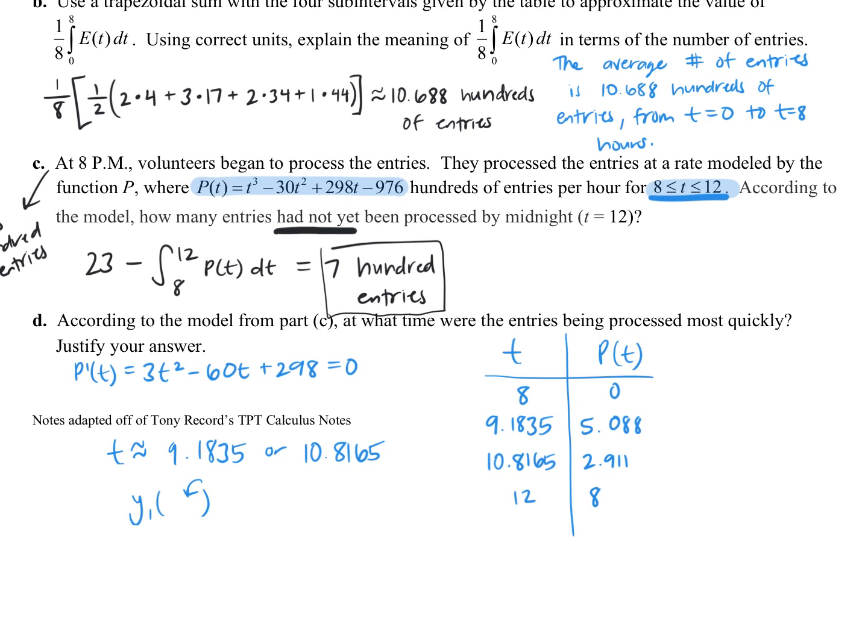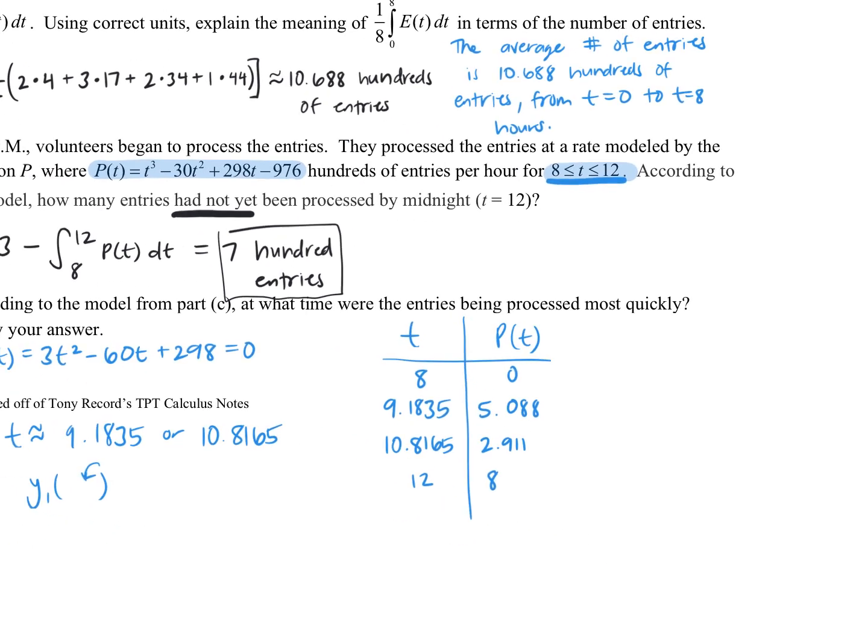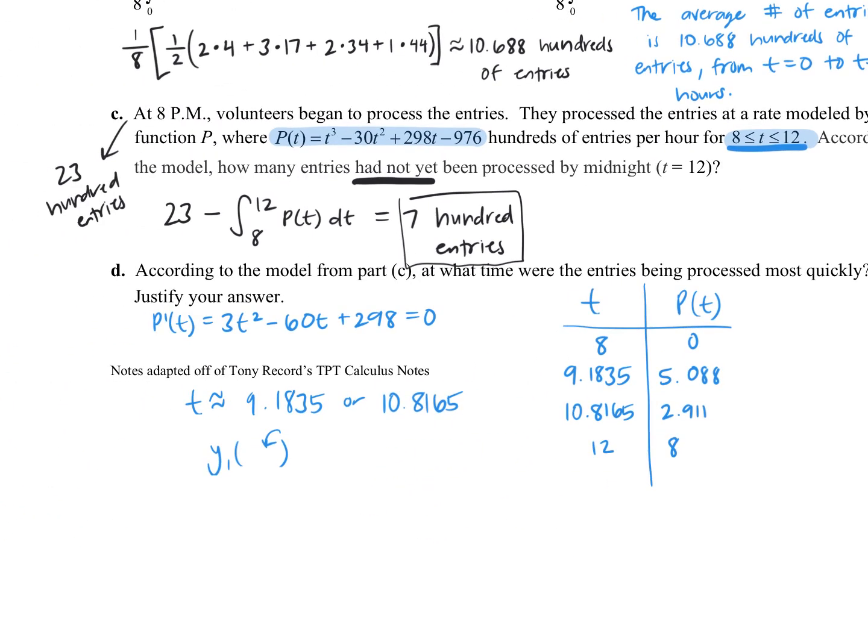All right, the last part of this question to get full credit would be to justify what it means that we just did. So which value of t are the entries being processed most quickly at? Time t equals 12. Okay, so we're just going to write that out. At time t equals 12. Actually, I'll just say midnight.